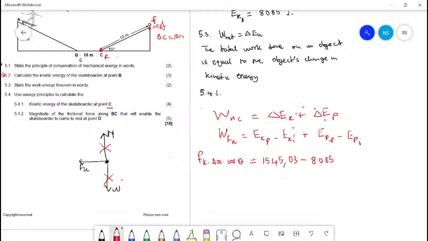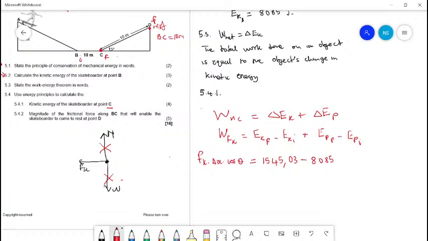And then the change in potential energy. Looking at path BC, the height is 0. So the initial height was 0 and the final height was 0. Therefore, the potential energy at B was 0 and the potential energy at C was also 0. So EP final minus EP initial will give us a 0. So we don't worry about that.